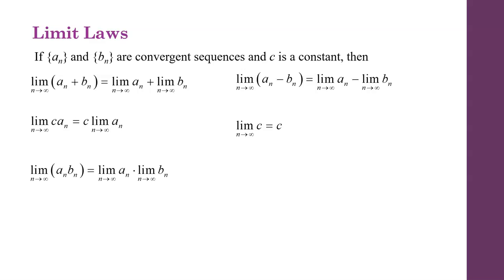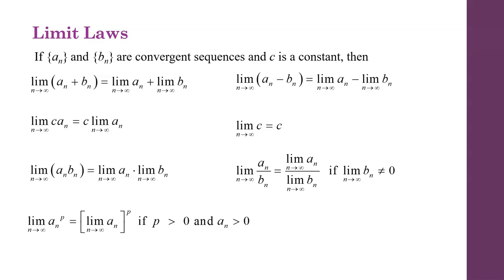If I have a limit of a product of two sequences that converge, that is equal to the product of the two limits. I can find the limits of the two sequences separately and multiply them, and the same is true for division, as long as the limit of the denominator is not 0. Otherwise we would have an undefined result.